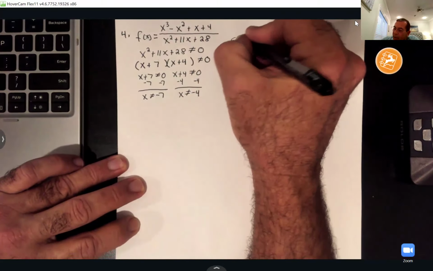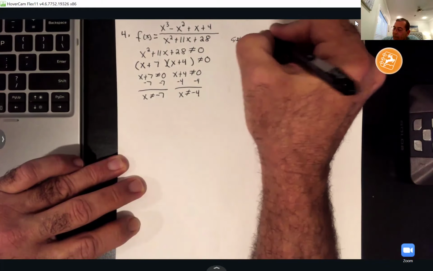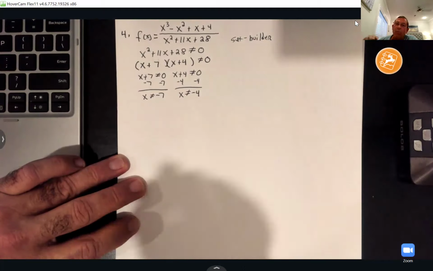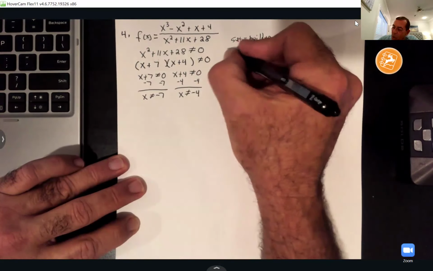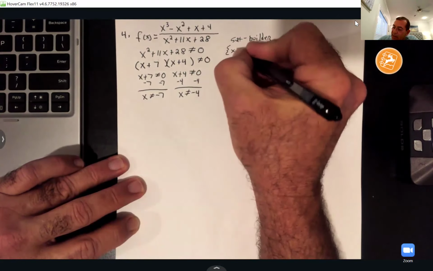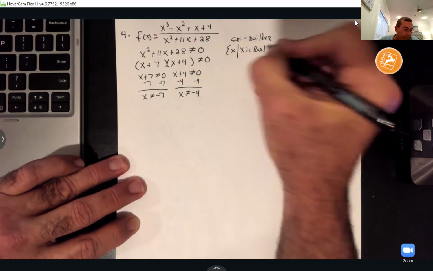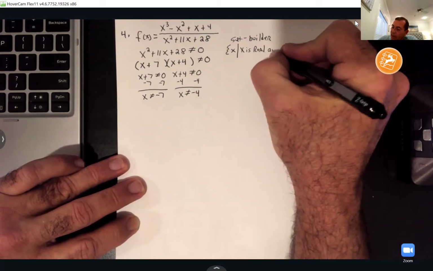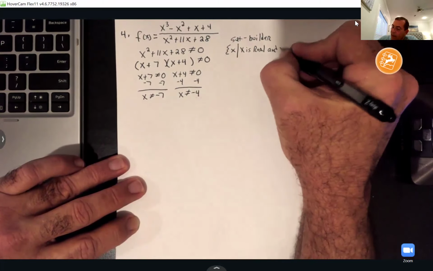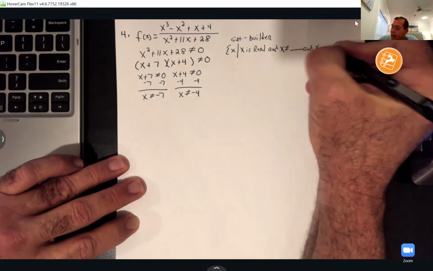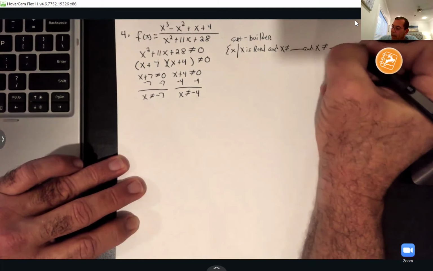So set builder. Now, y'all, this one's picky. They want this one in ascending order. So x such that x is real and x cannot equal blank and x cannot equal blank.